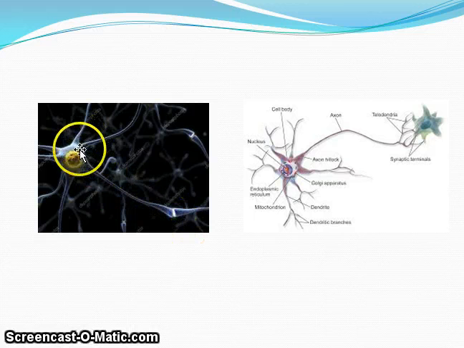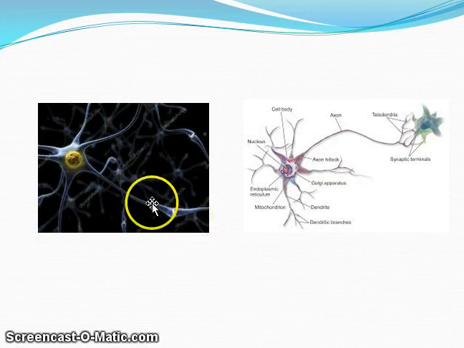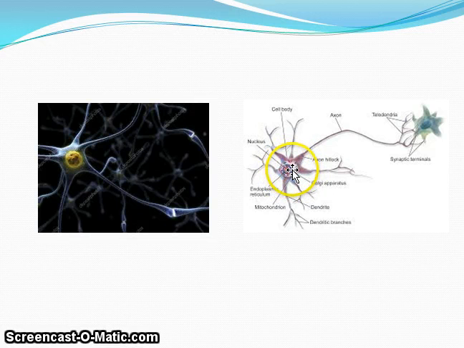This part is known as the nerve cell body. It consists of the nucleus, and the rest of the part is known as axon or the axonal end. Similarly, over here also, this is a nerve cell body. It consists of the nucleus, and the entire part is known as the axon and the axonal end, right?